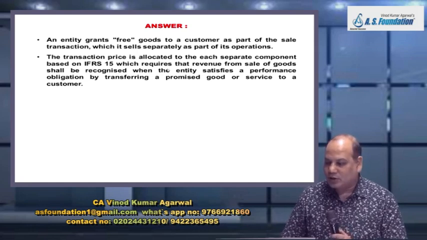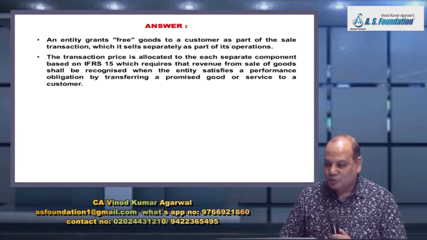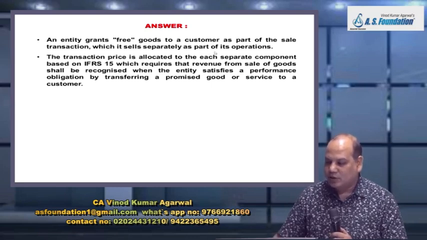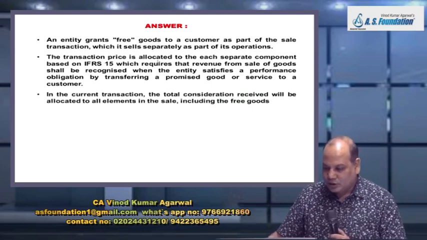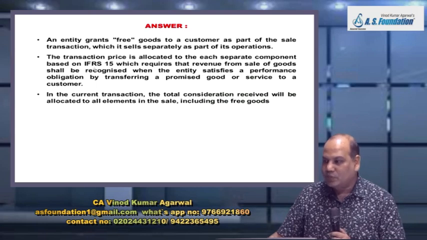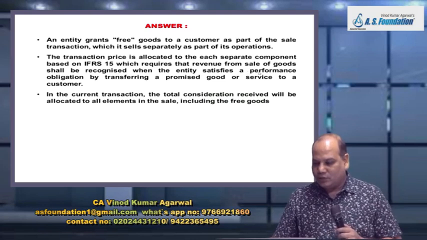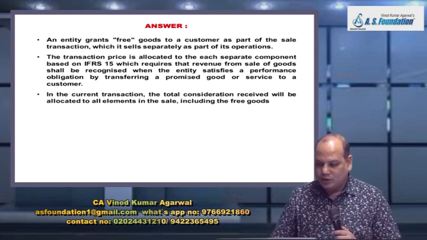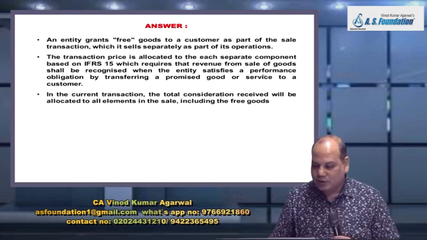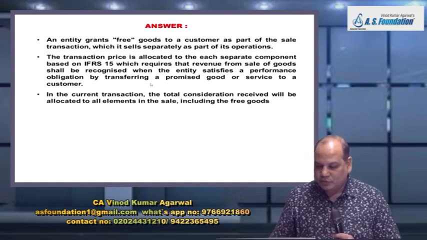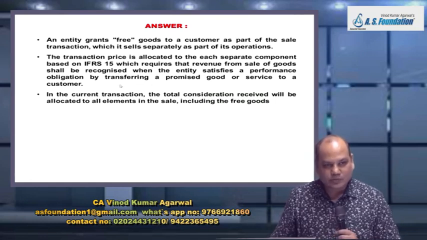So when an entity grants free goods, in inverted commas, nothing is free, to a customer as a part of a sale transaction which it sells separately as a part of its operation, the transaction price is allocated to each separate component based on IFRS 15, which requires that revenue from the sale of goods shall be recognized when the entity satisfies a performance obligation by transferring promised goods or service.